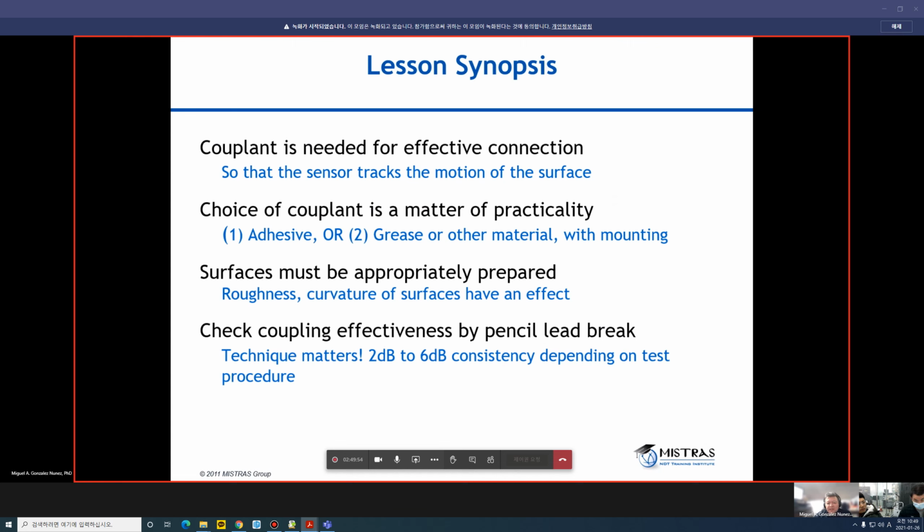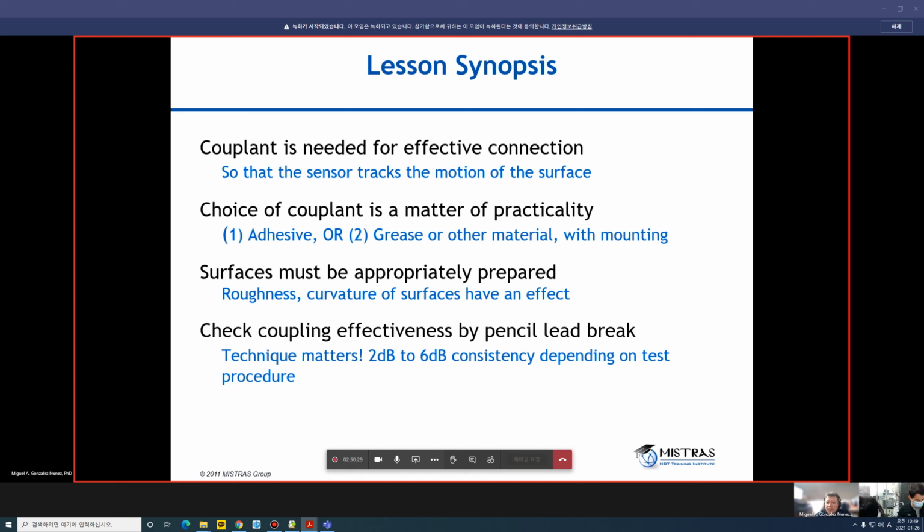Why is that? If we apply a coupler between the sensor and the test piece, the sensor tracks the motion of the surface of the test piece. Remember that what we are detecting with the sensor is movement, okay? And that movement is transformed or transduced into an electrical signal.